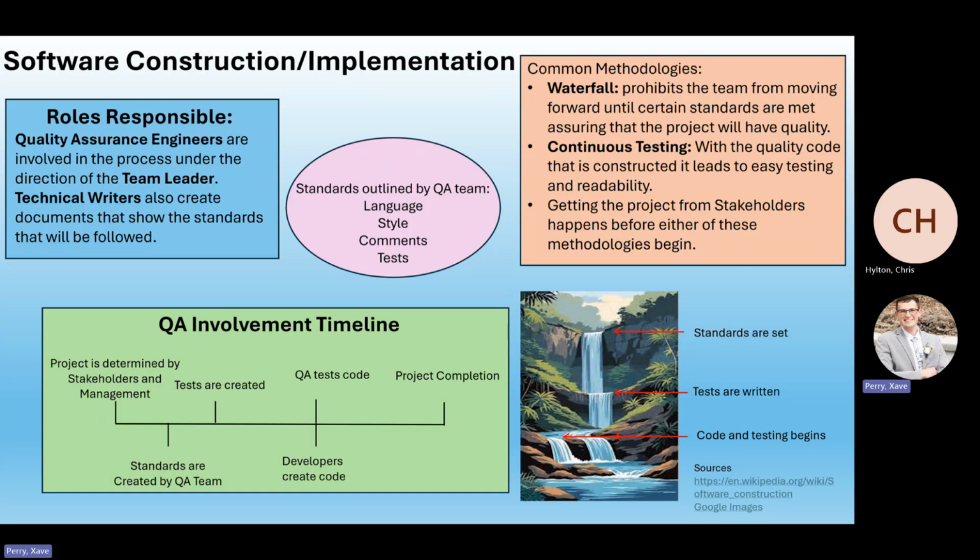After the stakeholders have given the whole team the project idea, the quality assurance team can create standards that the rest of the software development team will follow. So they can outline what language is going to be used throughout the project, the style of coding, where to put comments, just good coding practices.